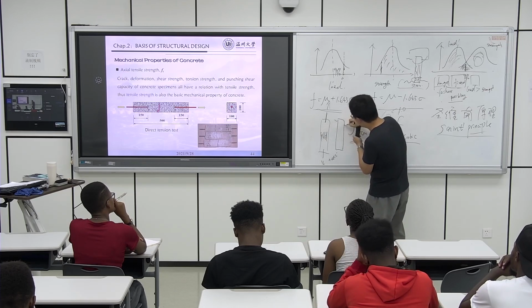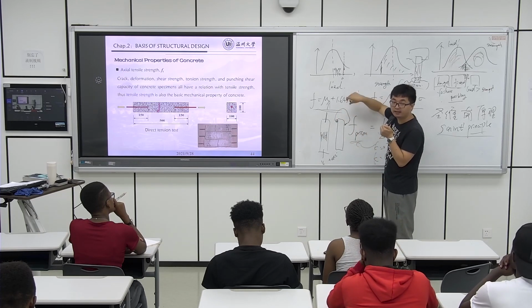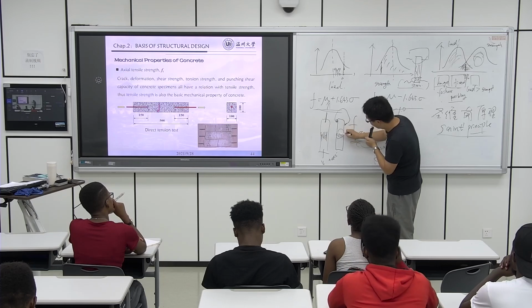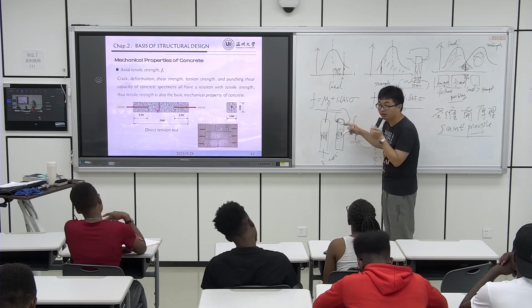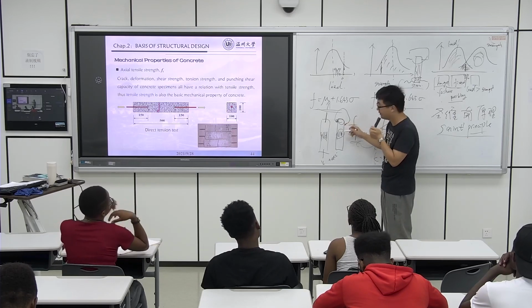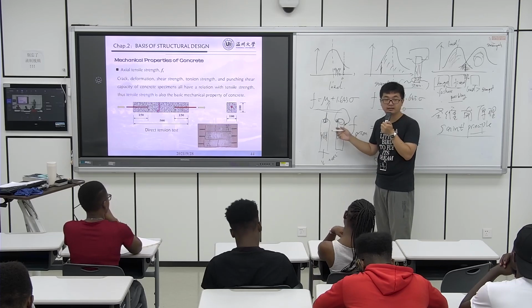We use a machine to hold here to give it the tension. In this part the stress is also parallel, but in the boundary the stress state at here is totally complicated.